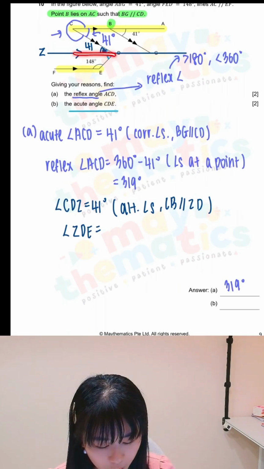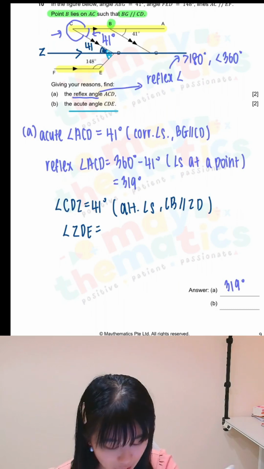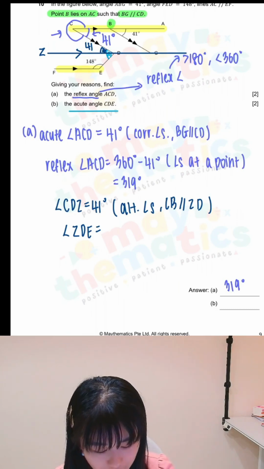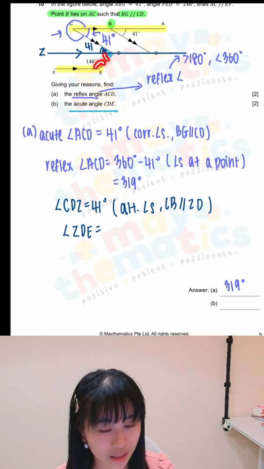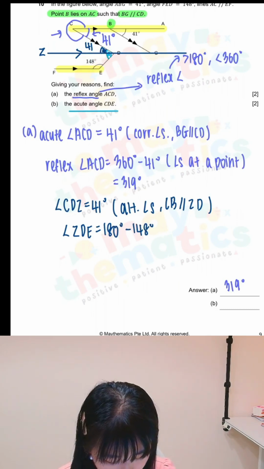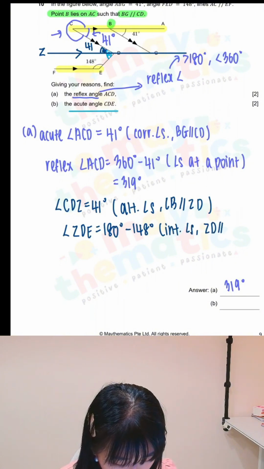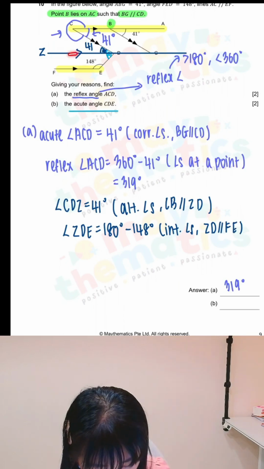C shape, everybody, C shape. You know this and this? Very good, interior. Interior means this and this add up to 180. So you take 180 degrees minus 148 degrees. Then you write interior angles, ZD parallel FE. You must write the parallel lines here and here.